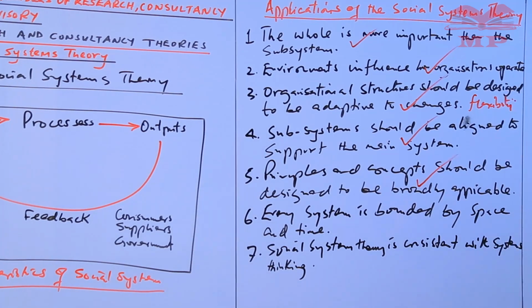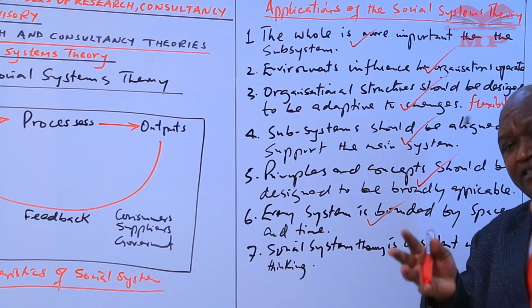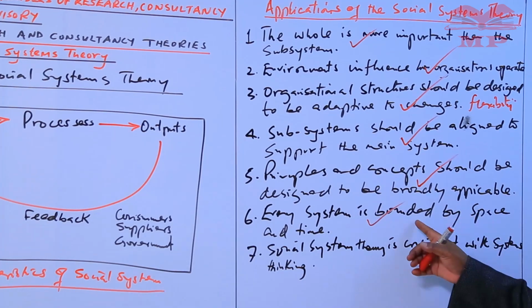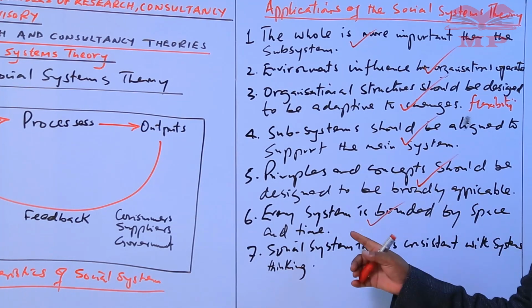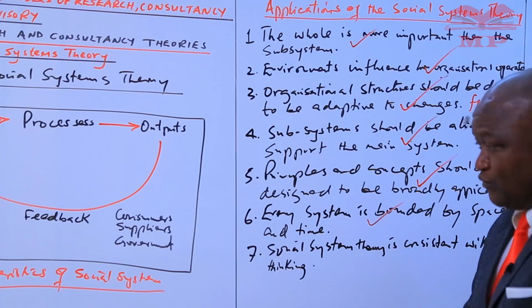Then number 6, every system is bounded by space and time. Whatever system an organization has, whether it is an open system or a closed system, that system is bounded by space and time. For example, you may have inputs by a particular time, processes that must take place by a particular time, and outputs.